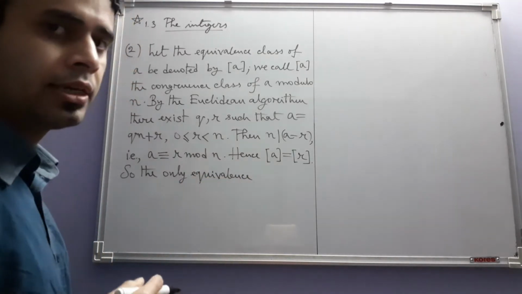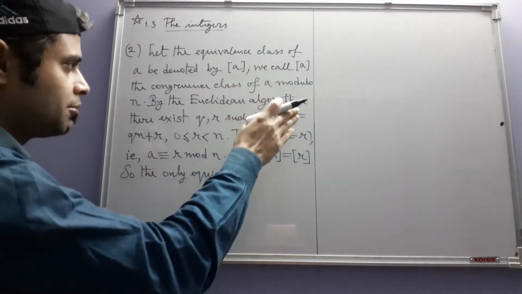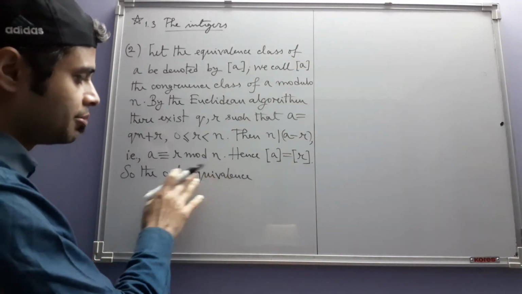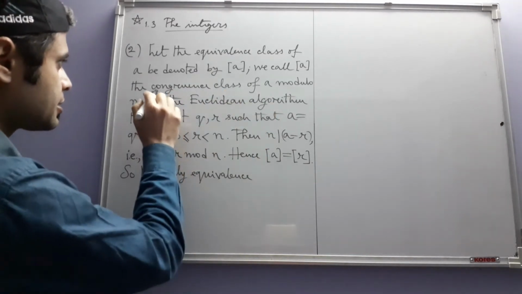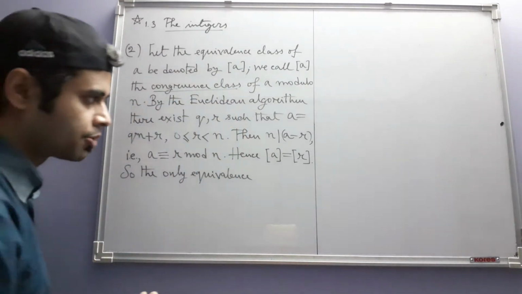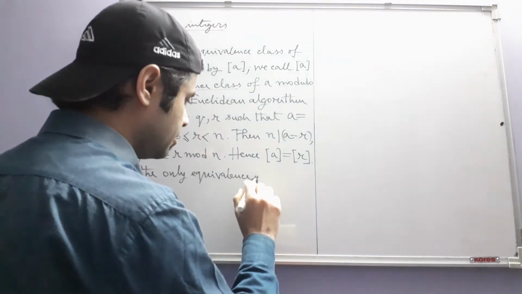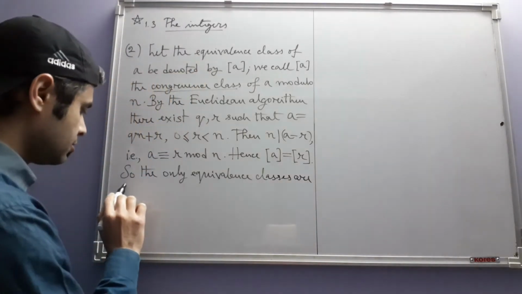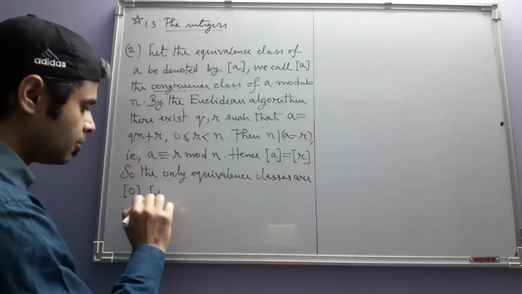We will continue to say equivalence classes at least in this proof, because the statement of the lemma does not mention congruence classes, it mentions only equivalence classes. Congruence class is something which we have defined here. So we will later on say congruence class modulo n, but for now we will say equivalence class. The only equivalence classes are these, depending on the possible values of r.